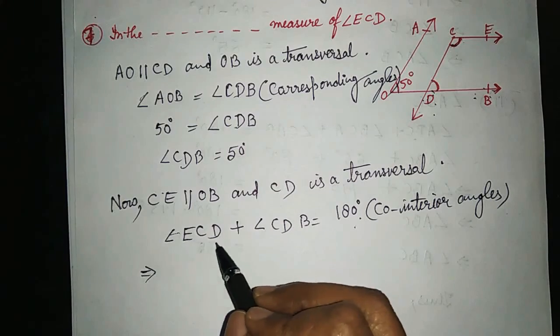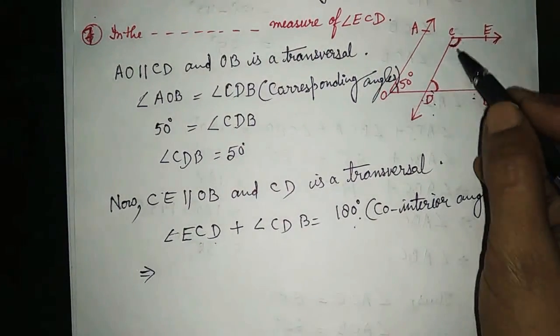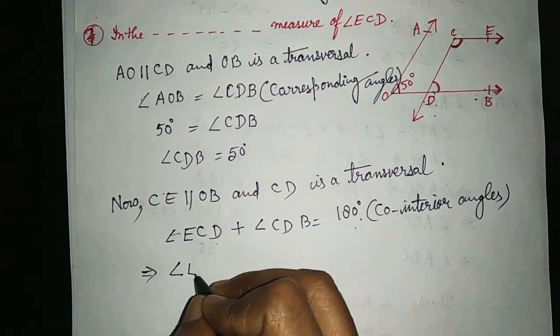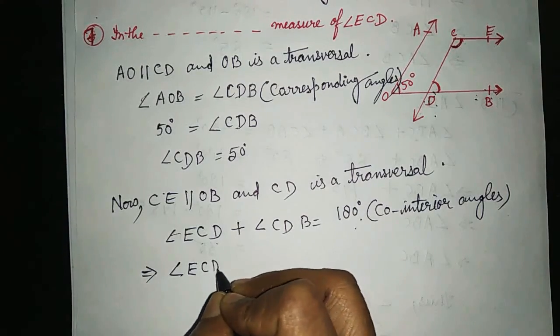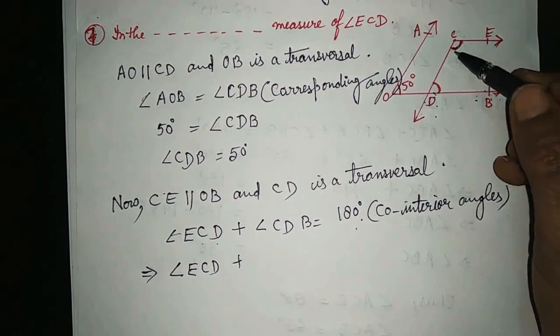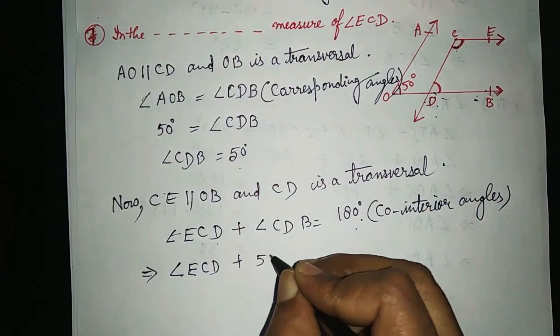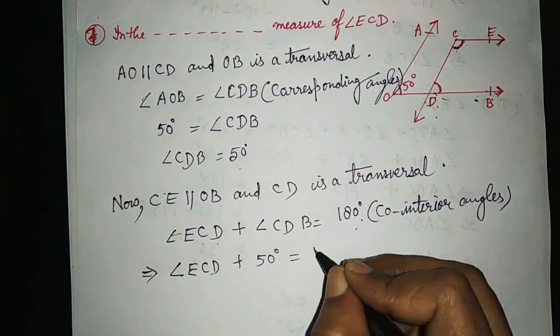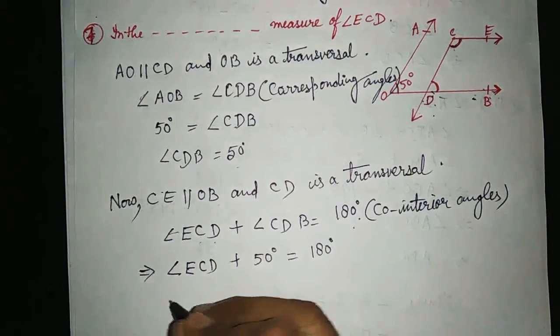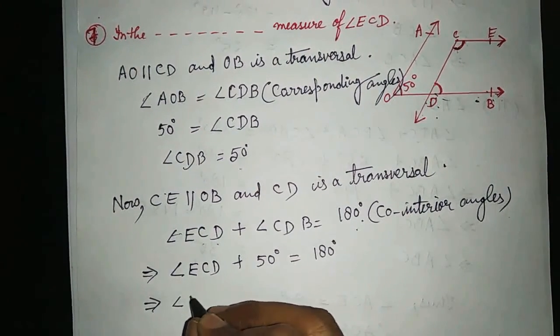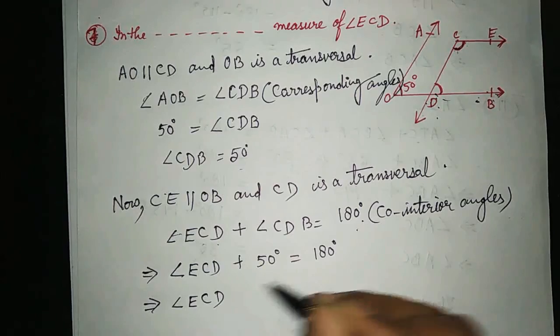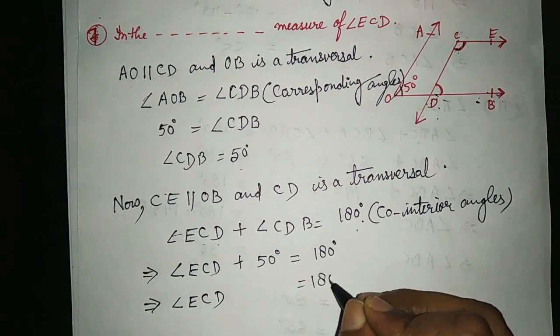Now ECD, this angle we are calculating, and angle CDB here we have calculated. So here 50 degree we will write, 180 degree. Now angle ECD is equals to 180 degree.